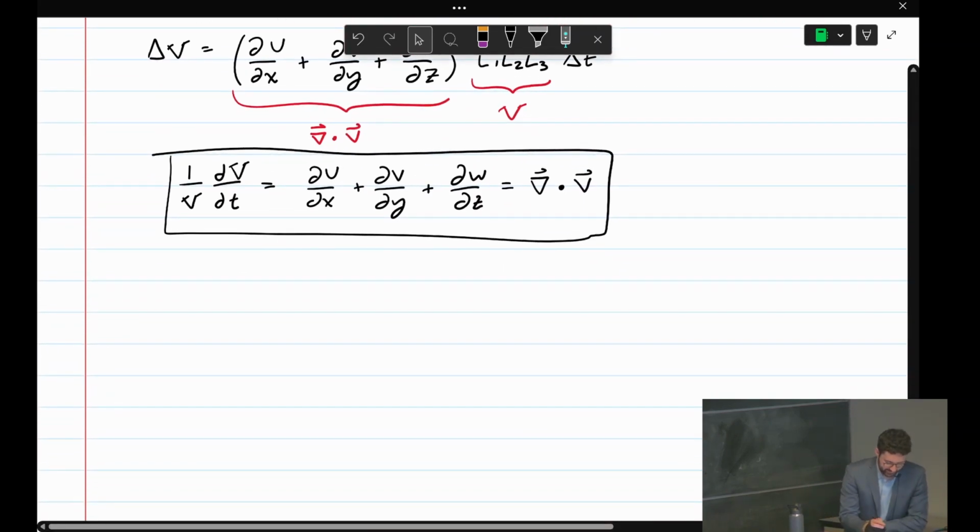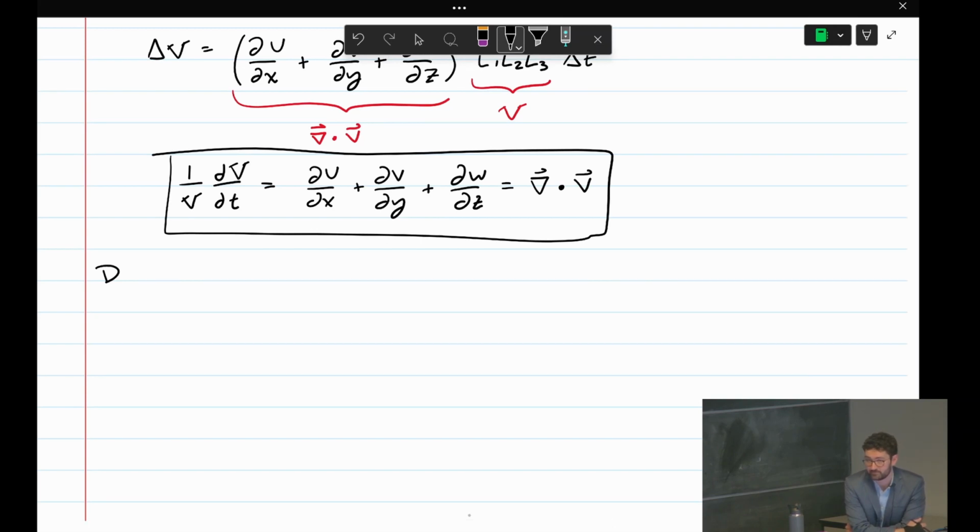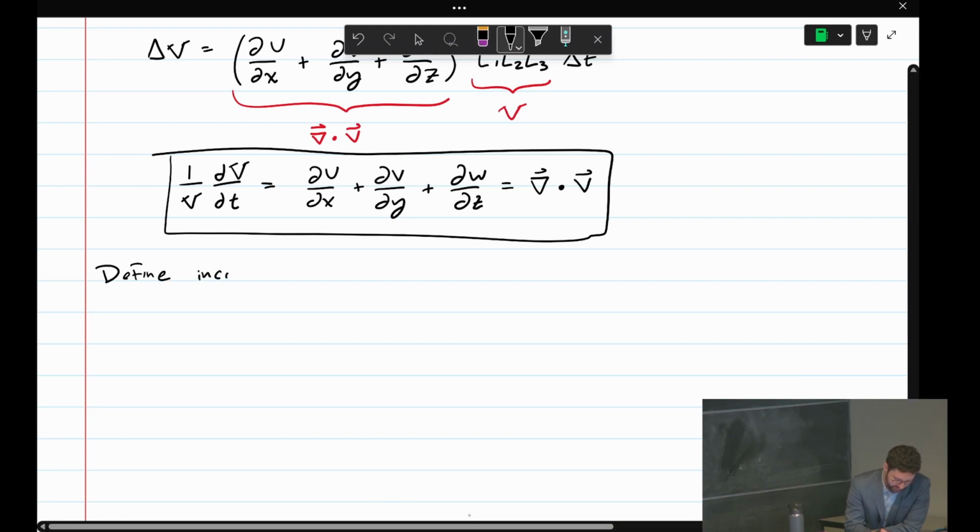Okay. We have a very special type of flow that we're going to use all the time in this class, and a lot of real engineering fluids are this type of flow. So we'll define incompressible flow.